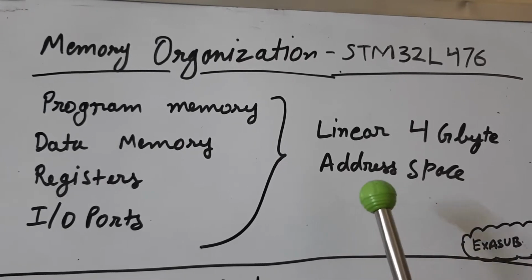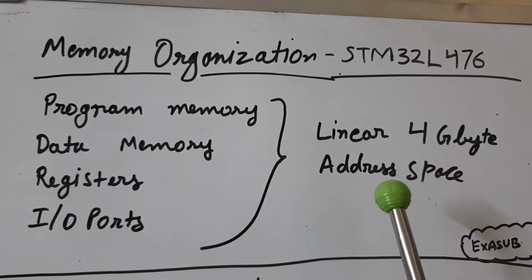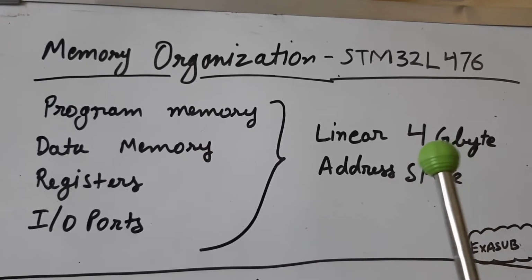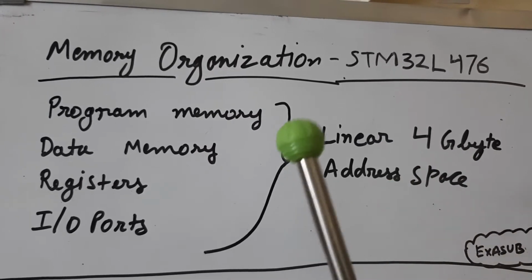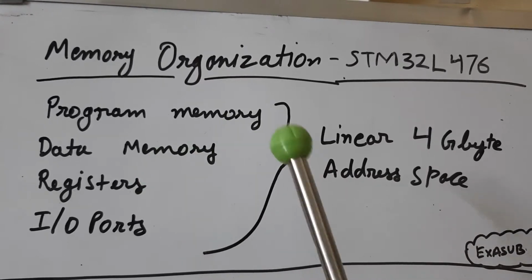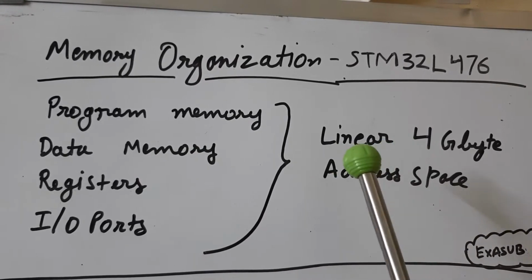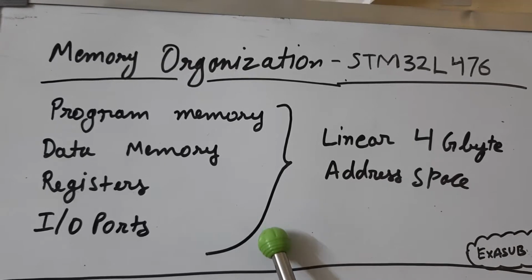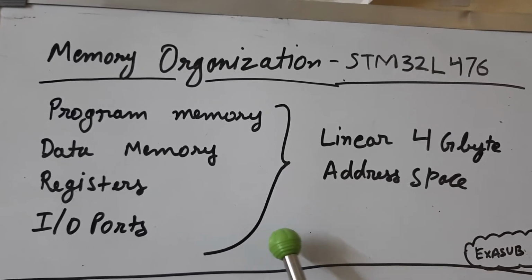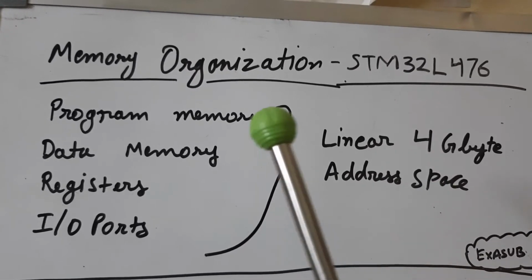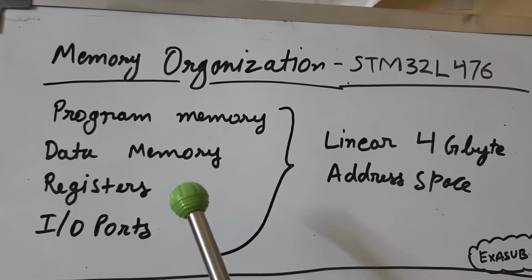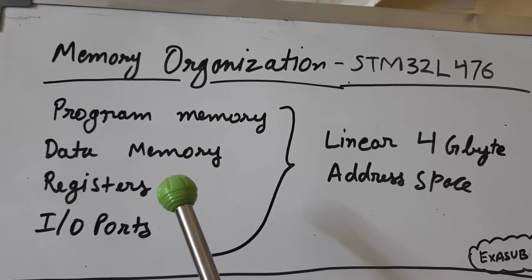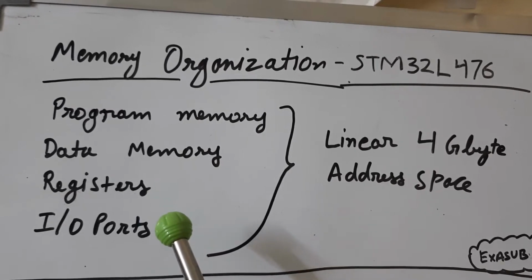So if you calculate 32 bits into address memory locations, we get 4 gigabytes of address space. This 4 gigabyte address space is linear, meaning that 0 to 4 gigabytes is in a sequence, and this consists of program memory, data memory, and also resides inside it registers and input output ports.